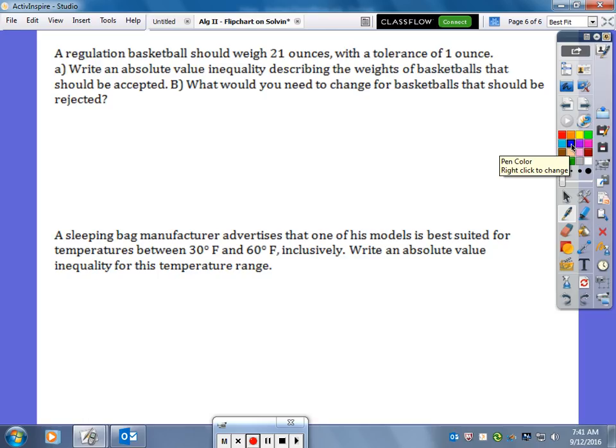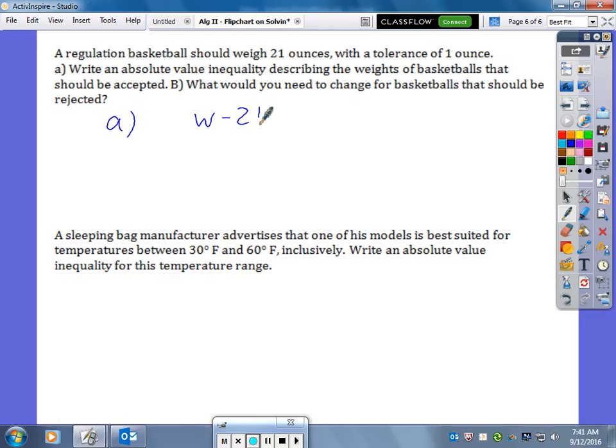If we use W for weight, then we think about it like this. The weight of a specific basketball, if we take 21 ounces away from that weight, that will be how much it's less or more than our regulation weight.